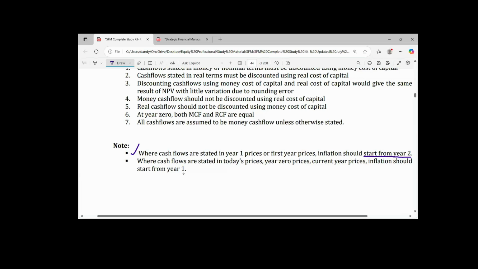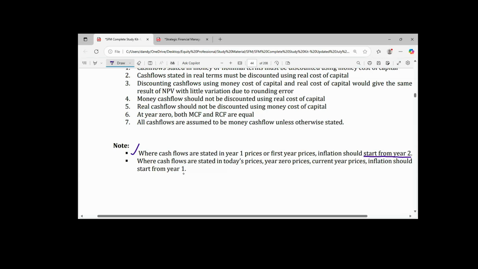What do I mean by that? If you are given year 1 prices, you don't inflate that year 1 price in year 1. You need to start inflating from year 2. Why did I say so? Because the first year price given to you is your base year price. Your base year price is what you are going to use to project for the future.